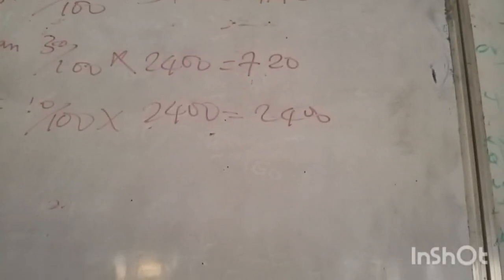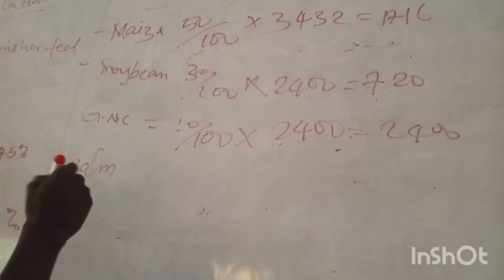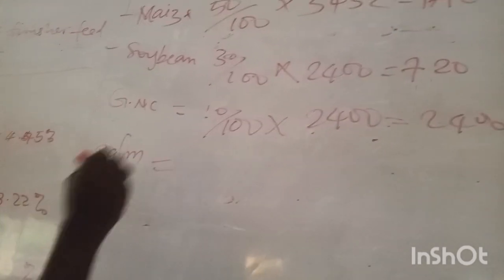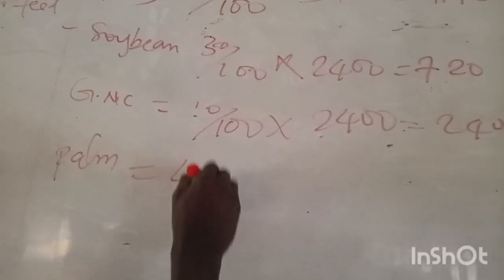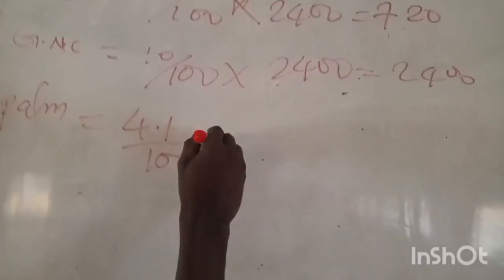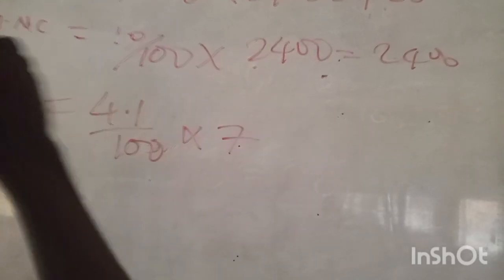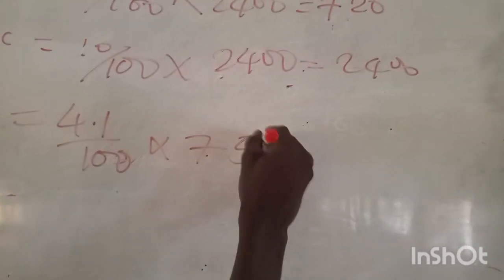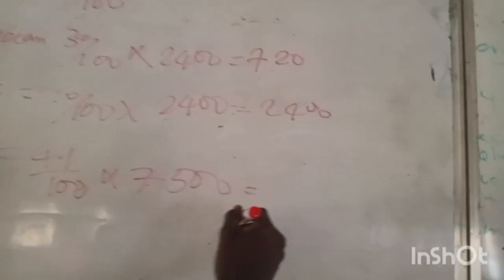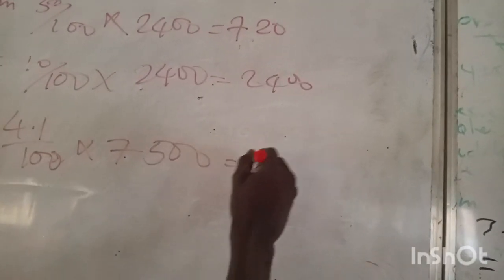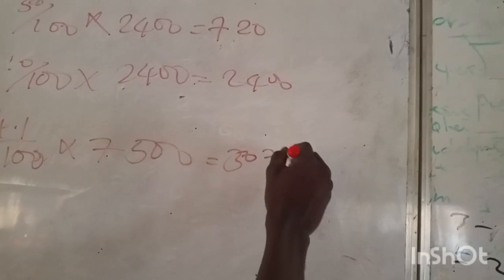Then we come back to palm oil. It has the most and the highest energy level. So our palm oil is what? 4.1 divided by 100 times 7,500. Can you imagine? When you put this together, you're going to be having 307.5.